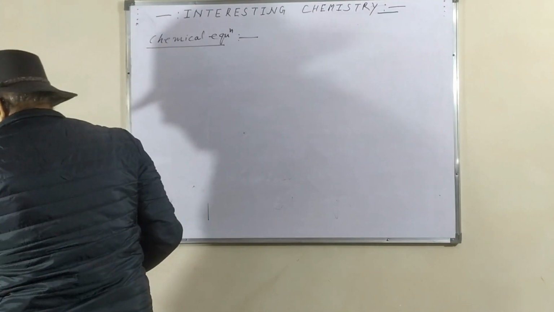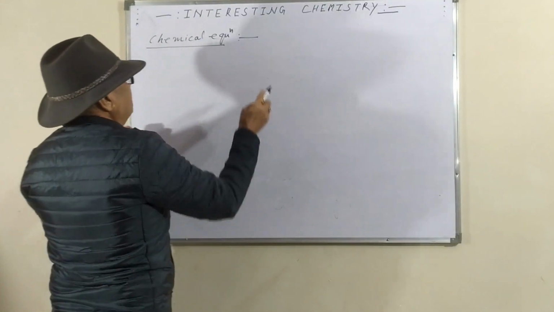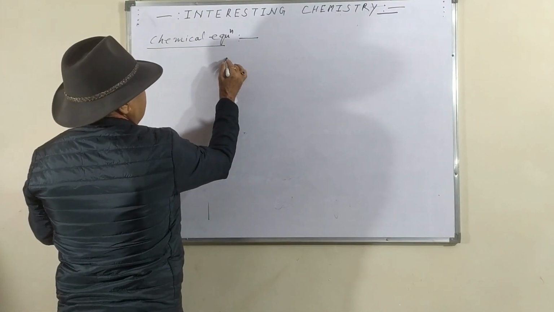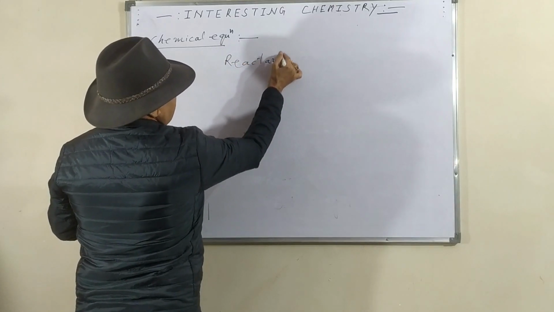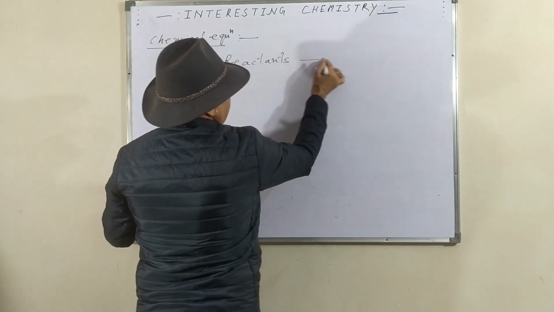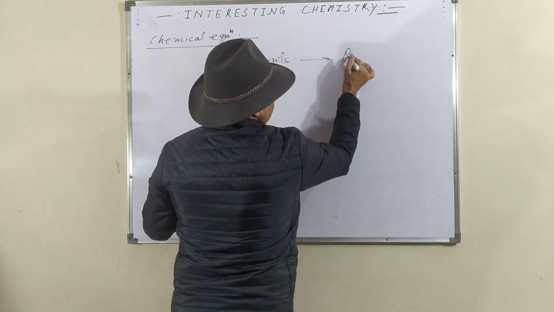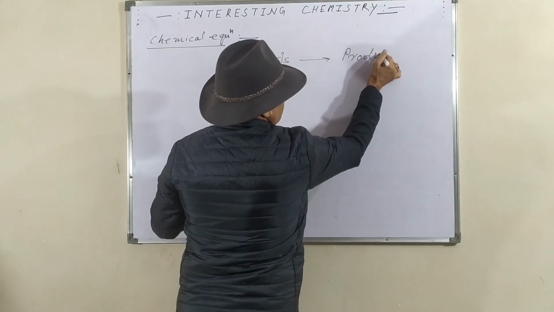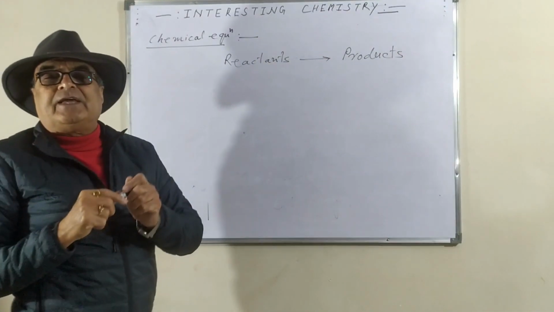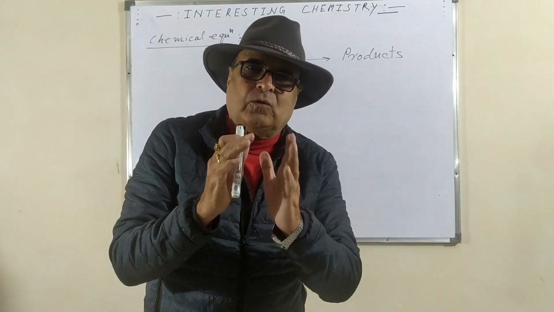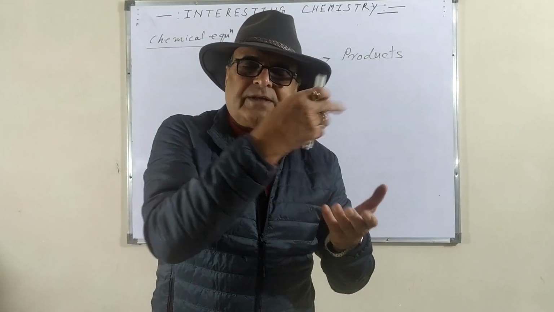As I explained, on the left hand side we will write the reactants, and here these are the products. Reactants and products are connected with an arrow pointing towards the right side.